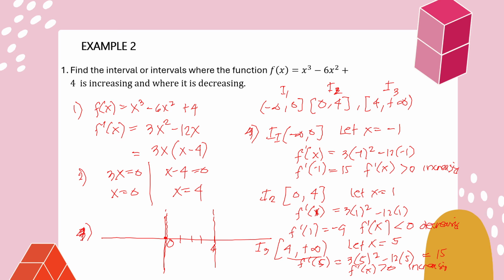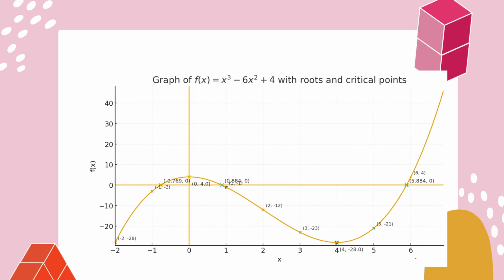So now, interval I1 is increasing, interval 2 is decreasing, and interval 3 is increasing. Without looking at the graph, we could say that it is increasing, decreasing, and increasing. If we look at the graph of the function x cubed minus 6x squared plus 4 with the roots and critical points, from negative infinity to 0 the graph is increasing.